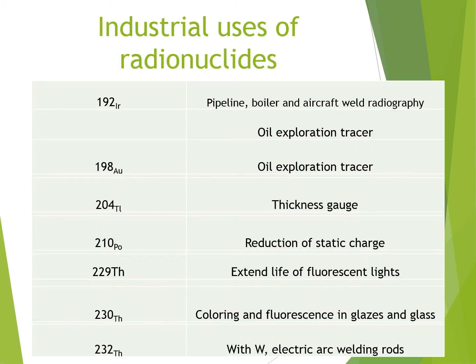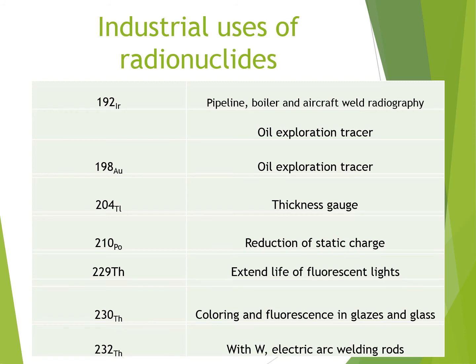Now we have some more radionuclides, and we have IR192. This radionuclide is being used in the pipeline, boiler, and aircraft weld radiography. It is also used as oil exploration tracer.